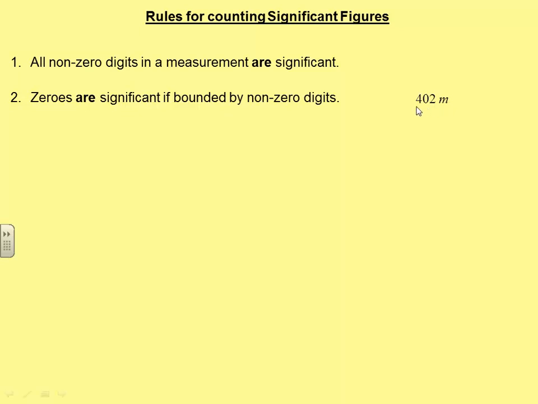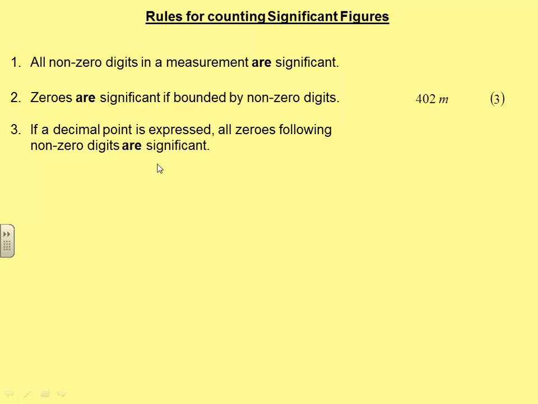Maybe we used a piece of string that was 10 meters long, so we could estimate to the nearest meter. Well, if we can estimate to the nearest meter, then we have to know how many tenths of a meter there are. So if it's bounded, it counts. So there are 3 sig figs in this measurement. All 3 digits count, and this is precise to the nearest 1 meter.